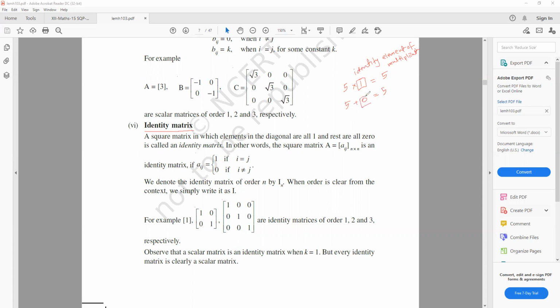So हम बोलते हैं 0 is the identity element of addition, correct?